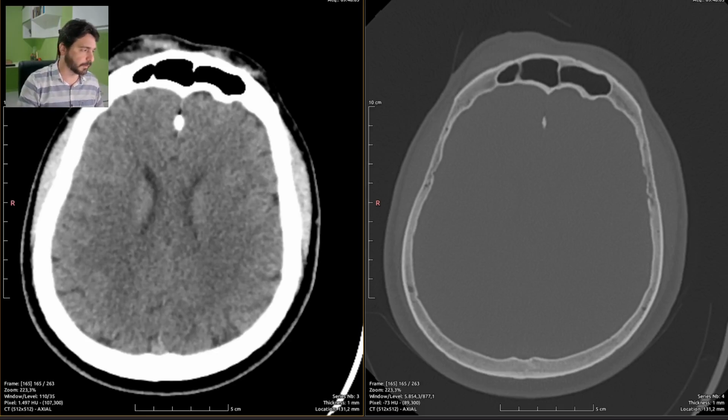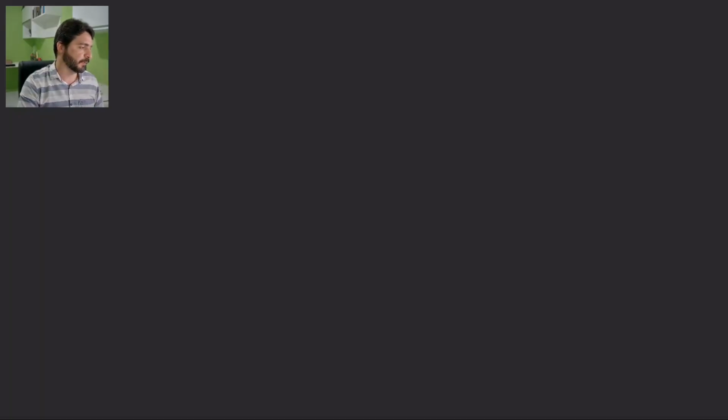So let's just point out this patient has a subgaleal hematoma on the frontal region, and this is of minor importance. So we are done with the patient. This exam has been signed and released.